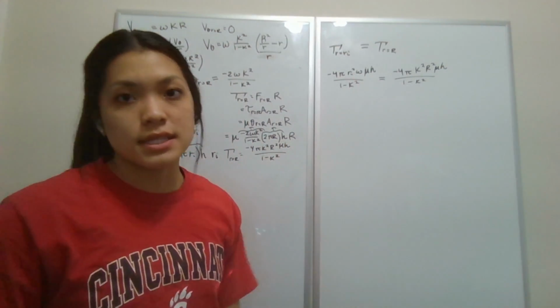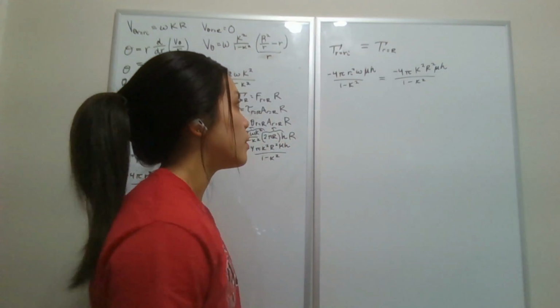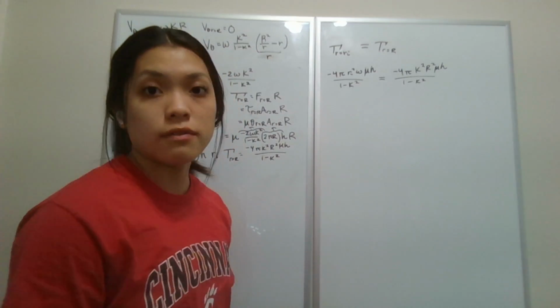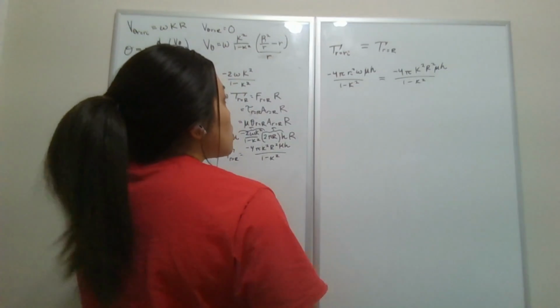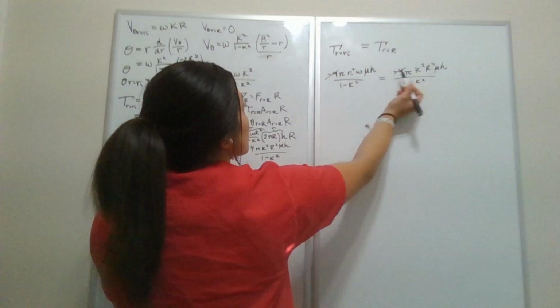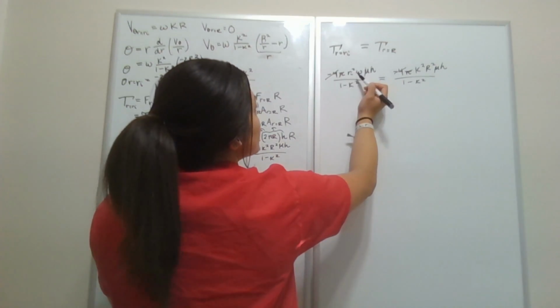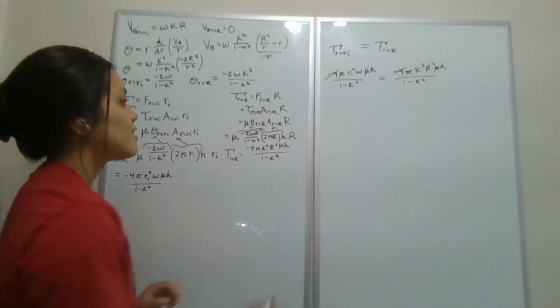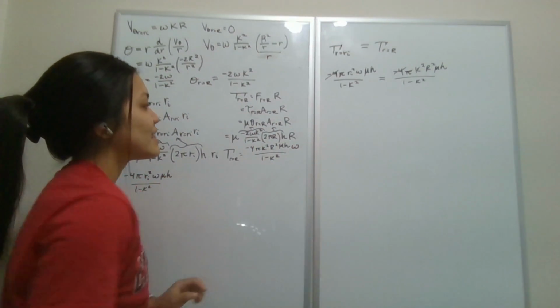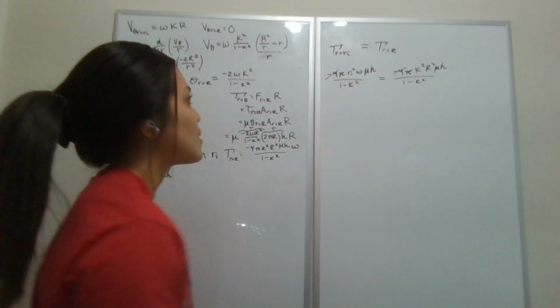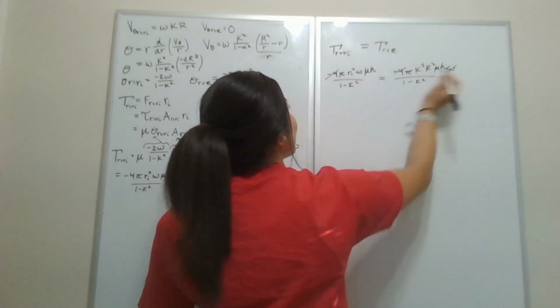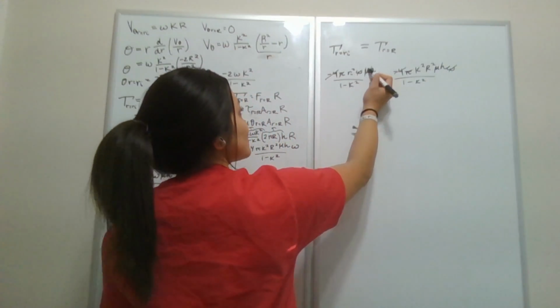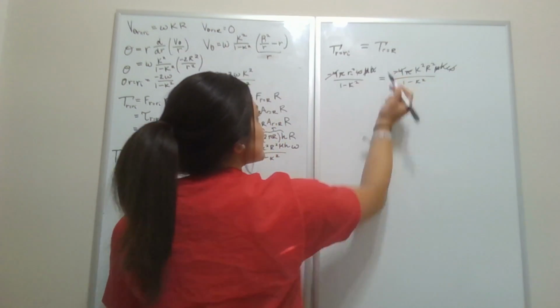So if we take a look at these two set equal to one another, we can cancel out a lot of very similar terms. And so we can cancel out this negative 4, this pi, this angular frequency, which is here. I just accidentally forgot to include it. It's my bad. So cancel out the angular frequency. We can cancel out the viscosity, cancel out the height.